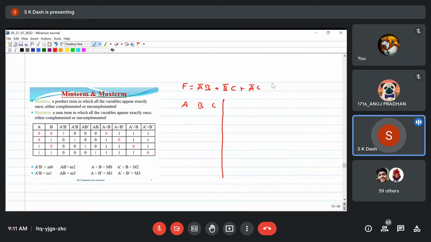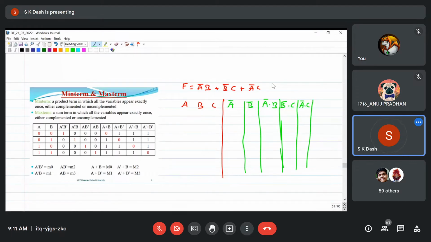For that purpose, I will require a bar, b bar. Then you find a bar dot b, then b bar dot c, then a bar dot c. Then you add all of them, and you get f.